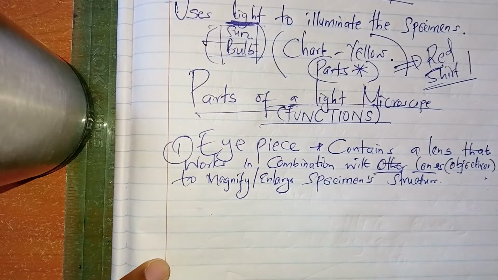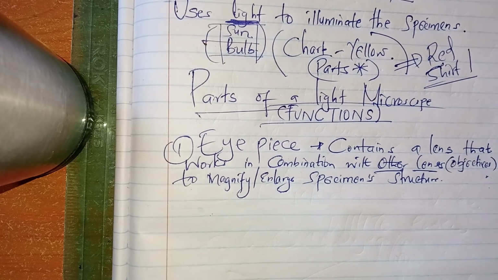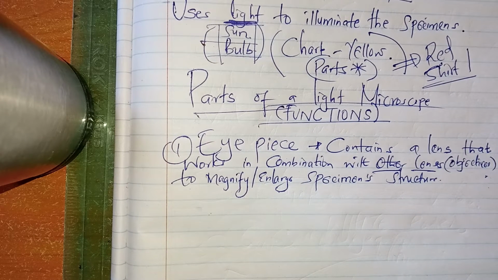So the eyepiece, as usual, has a lens inside it that works in combination with other lenses to bring the desired magnification.